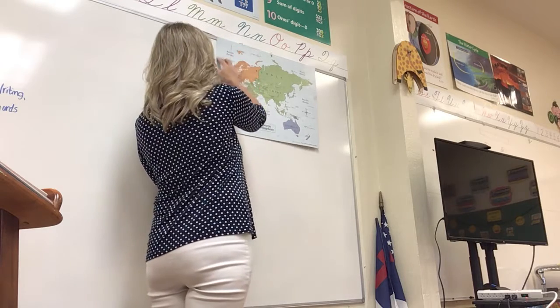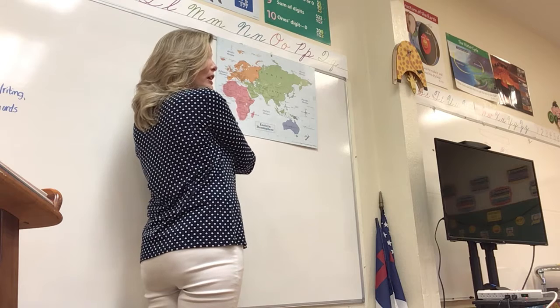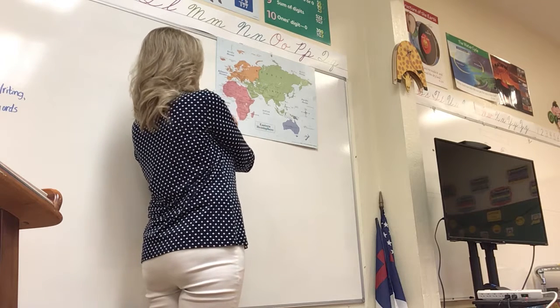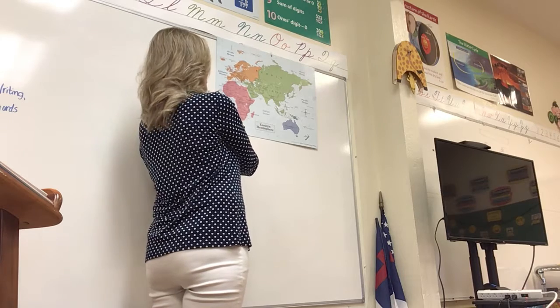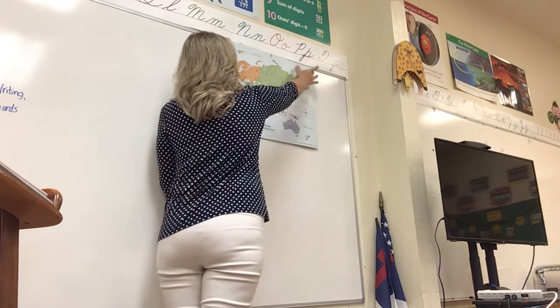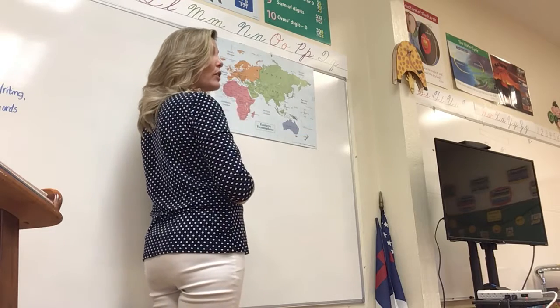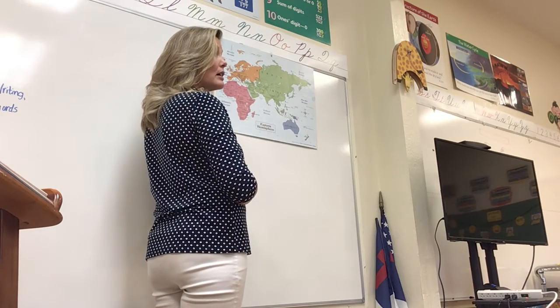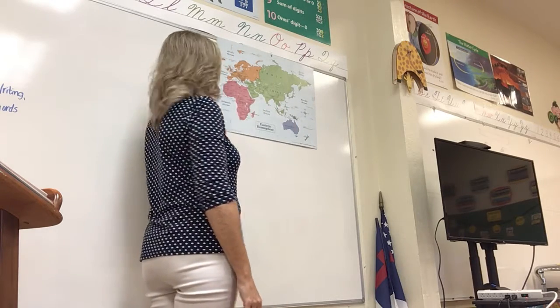So this body of water to the west of Africa and Europe is called the Atlantic Ocean. Good. The body of water on the east of Asia and Australia is called the Pacific Ocean. Good.